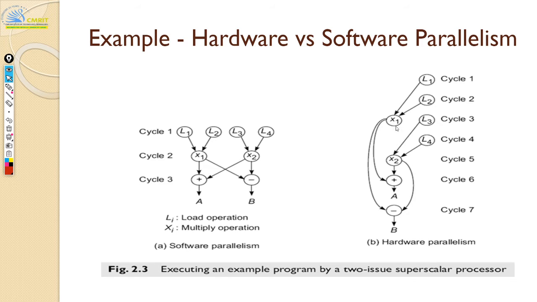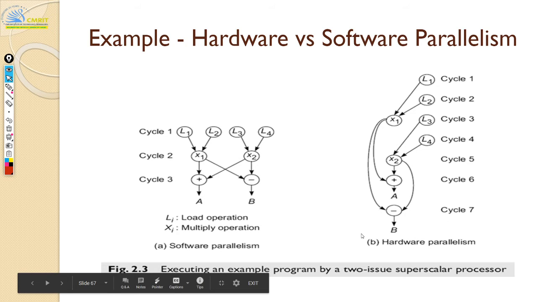Okay, and in this cycle 3, you are going to have your L3 also issued. So you can maximum parallelize only here. Otherwise you'll have to fetch in a single cycle and then issue two instructions for execution. So whatever could have been done in 3 cycles, you're doing in 7 cycles. Okay, so that's the mismatch that you have between your hardware and software parallelism.